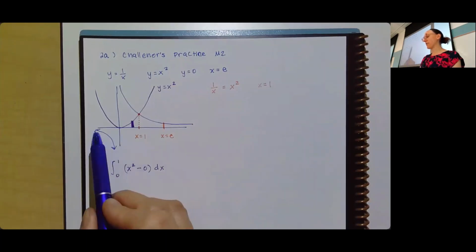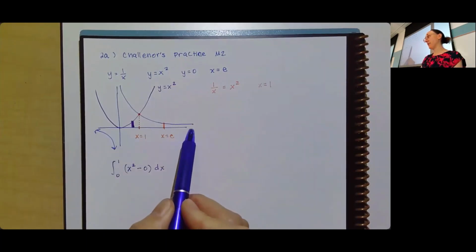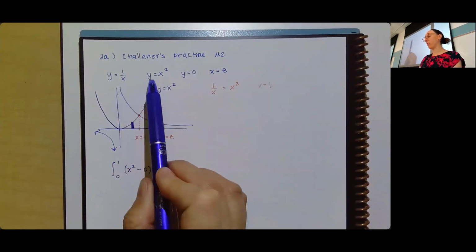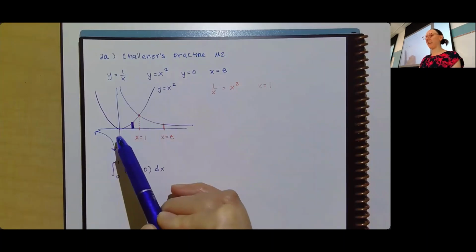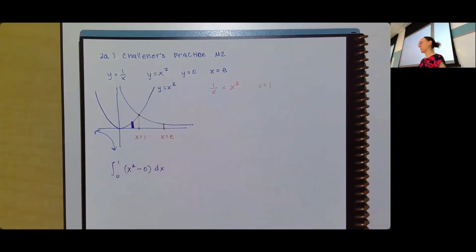So y equals 0 is the x-axis. So the only part that has all 4 of these as walls is the part down here. Anything else wouldn't have all 4 as walls.